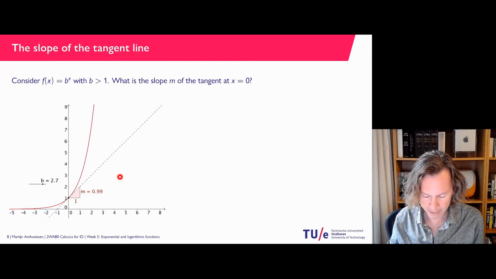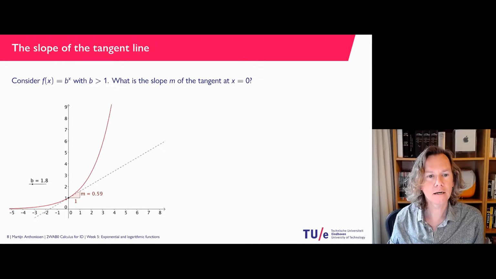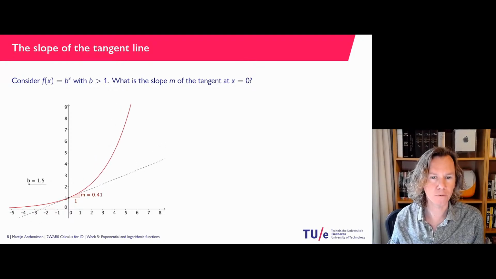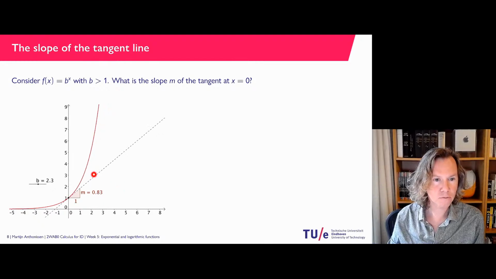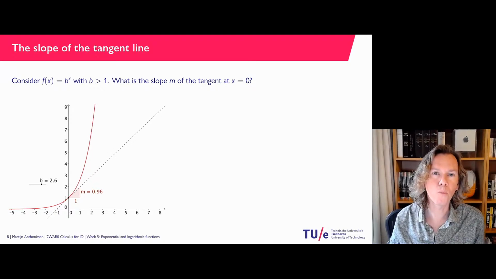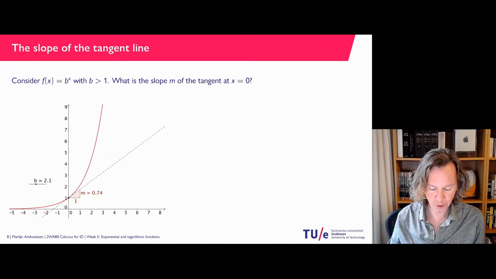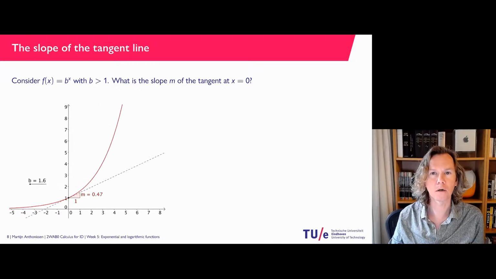And the black dashed line here, that is the tangent line at x equals 0. Now, the m that you see in the picture, that is the slope of the tangent line. And you see that the slope of the tangent line is close to 1. And for a certain value of b, it will be exactly 1.